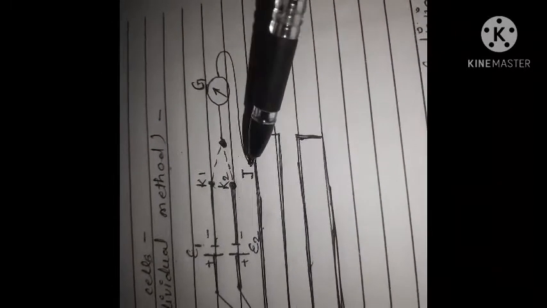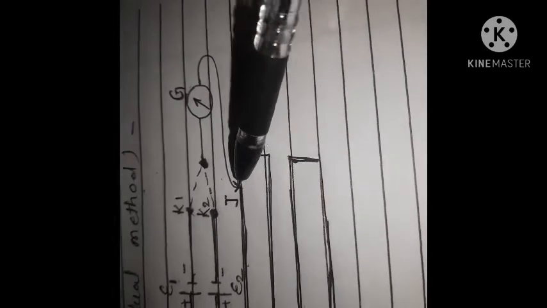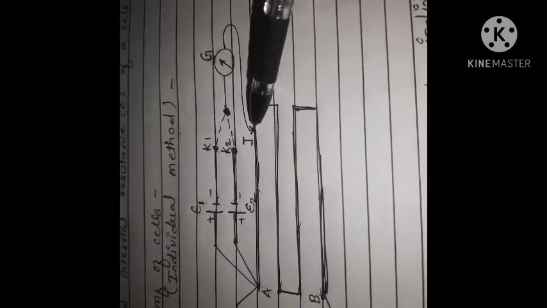By using this connection, we can find the null point in the galvanometer. Null point means the galvanometer pointer shows zero deflection, or null deflection. At that point, we will get the null point on wire AB of the potentiometer.